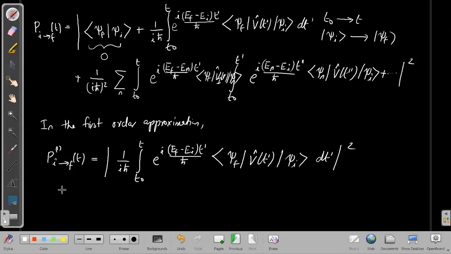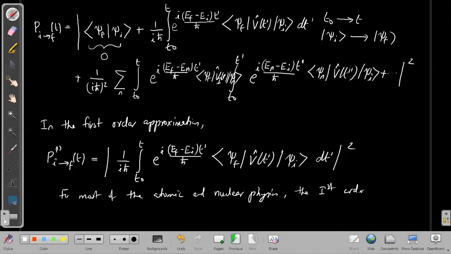Okay, so for most of atomic and nuclear physics, the first order perturbation theory is enough.